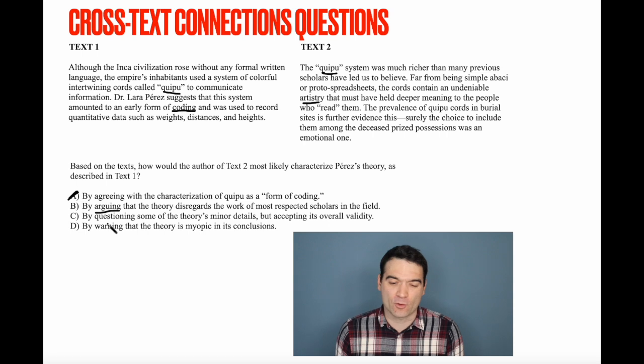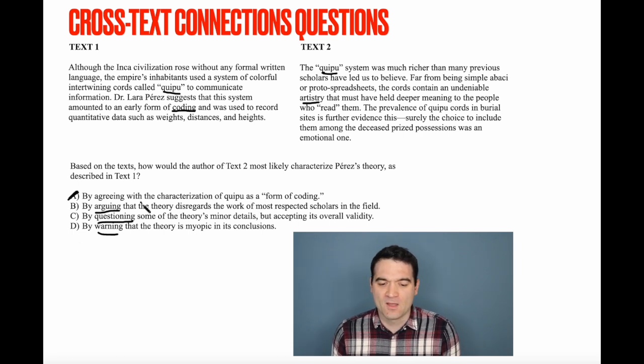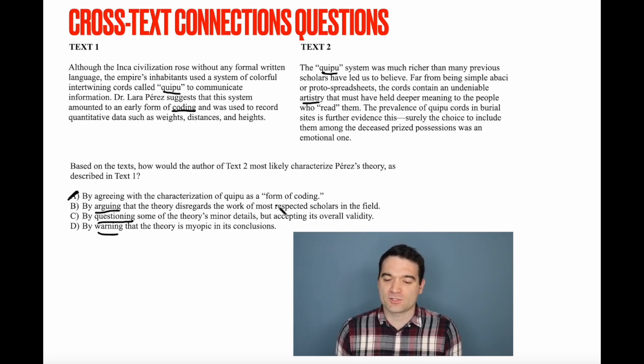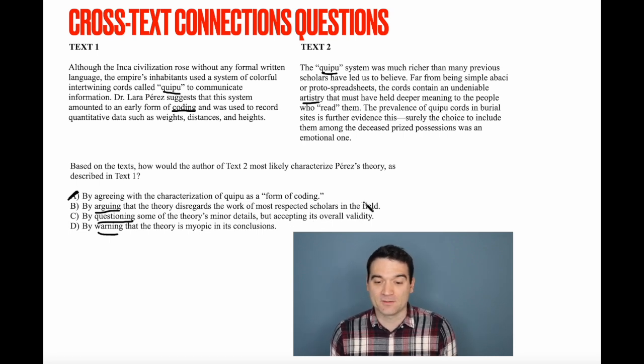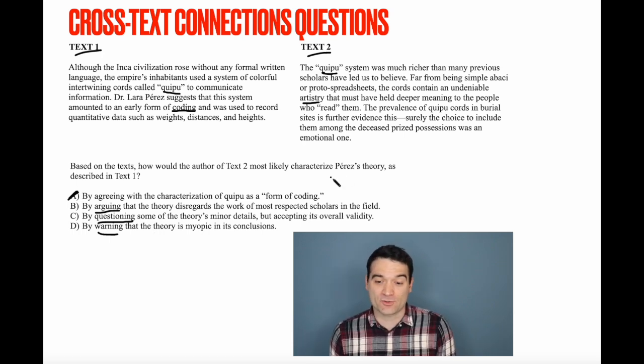Arguing, I like that verb. I'm looking at the verbs first here. Questioning, maybe. Warning. Okay, so I'm down to these three. Let's zoom in a little more. Arguing that the theory disregards the work of most respected scholars in the field. Well, the issue that text 2 has with text 1, or with Dr. Perez over here, is not that she's ignoring the respected scholars in the field. It's that she's ignoring the artistry, right?